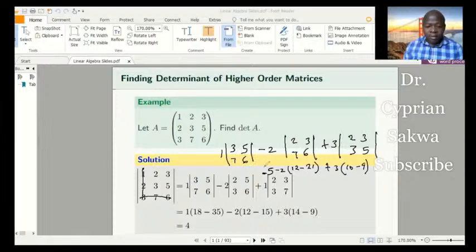Oh, this is not correct here. I don't know where I got the negative 5 from. That was not correct.